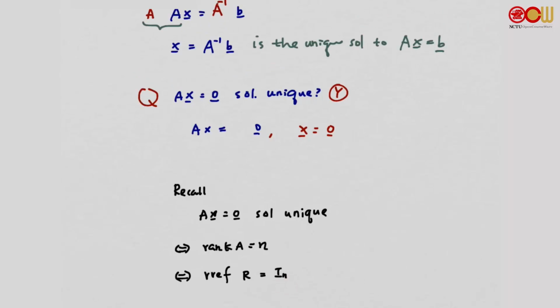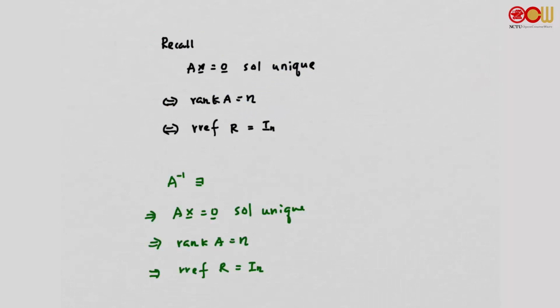These three properties are equivalent. And just now we have shown that whenever the inverse of A exists, that is, A is invertible, then the homogeneous equation has a unique solution. And remember, this is the same as saying that rank A is equal to n, the same as saying that the reduced row echelon form is the identity matrix. So invertible really means all these things, 1, 2, and 3. It implies all these three properties.